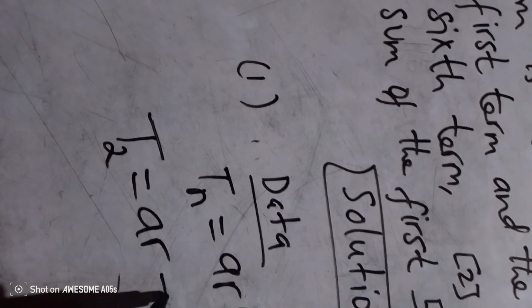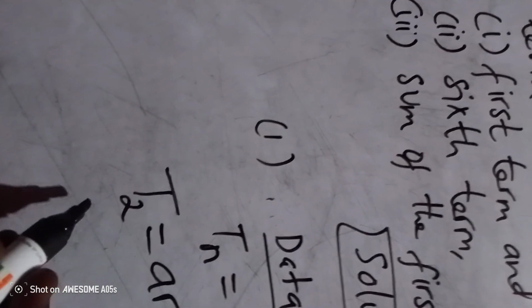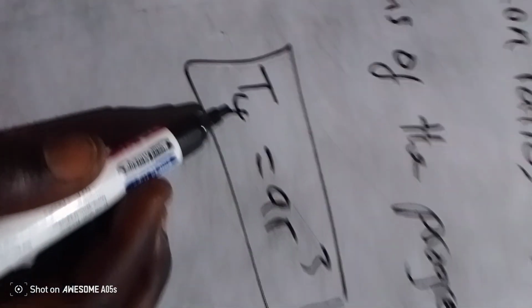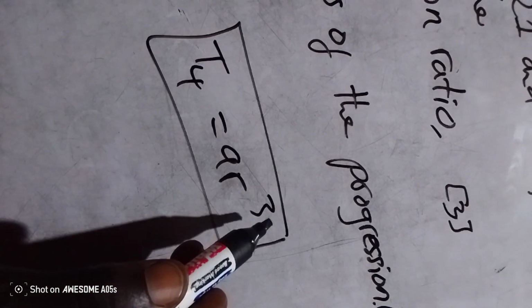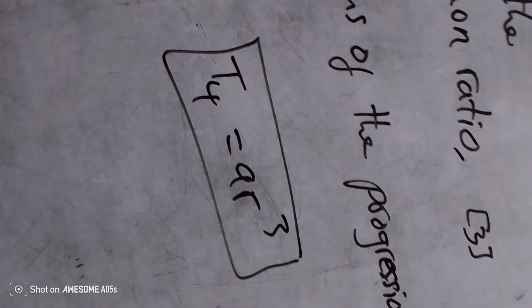We have been told that it is 21. Then T4 equals a r cubed. My emphasis is that when the term is number 3, you expect your r to have a power which is less by 1 than the term number.